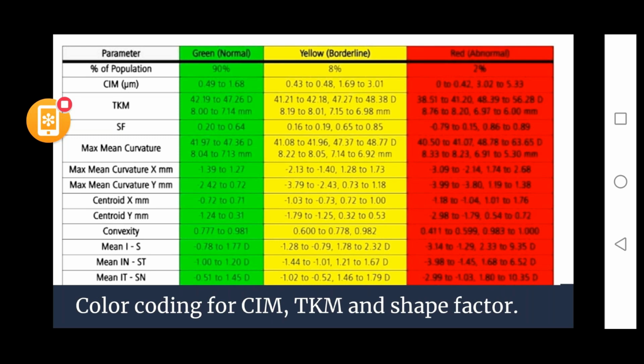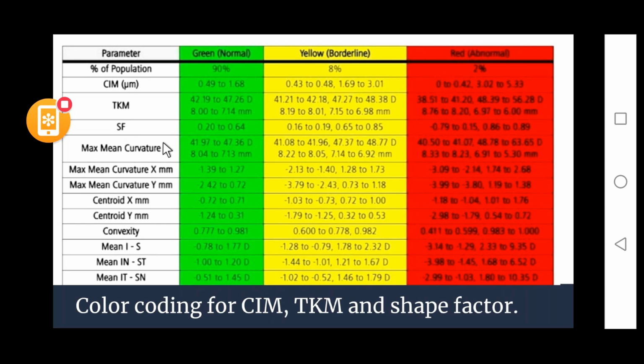That's why it can show red, green, and yellow. If you see a value which is mentioned in green, it means it is normal. Suppose it is mentioned in yellow, it means it is borderline, and you need to have a correlation with the clinical findings. And suppose you see it in red, that means yes, there is a high probability that it is an abnormal value. Right. So you don't really need to remember all these values, except for the Q value.